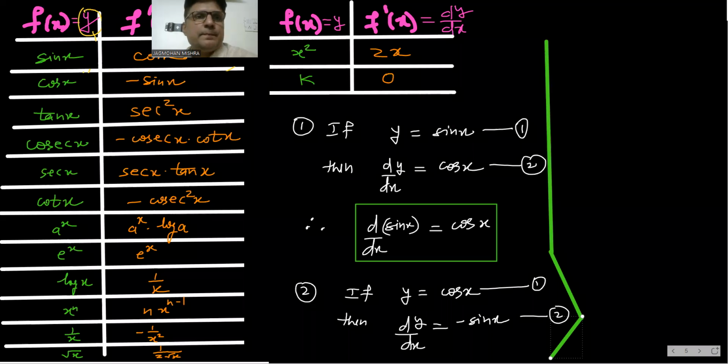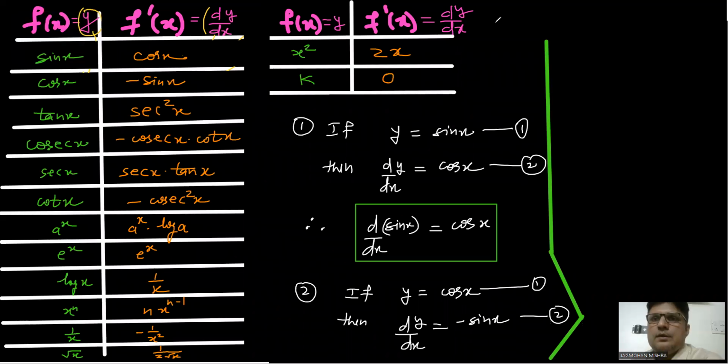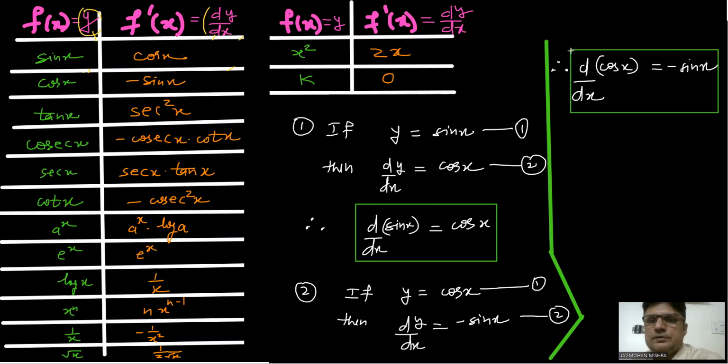Therefore, d by dx of cos of x is equal to minus sine of x. So d by dx of sine x is cos x, and d by dx of cos x is minus sine x.